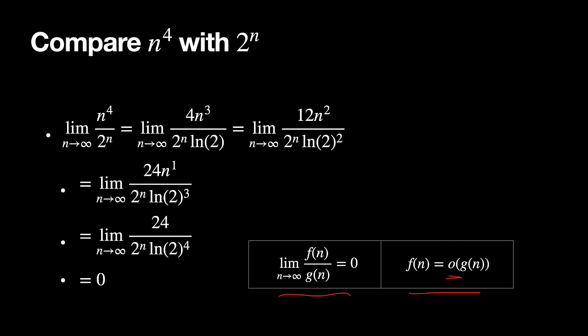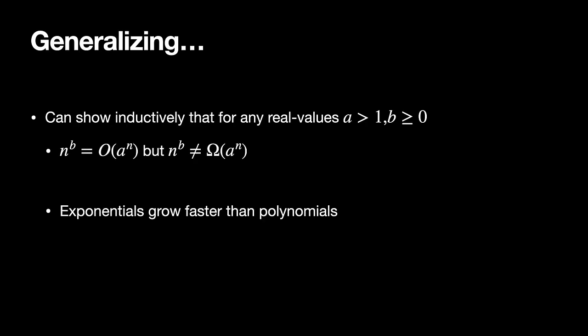So in this case, we can say that n to the 4th is in little o of 2 to the n. And again, that's related to the big O notation. So n to the 4th is in big O of 2 to the n. So it's bounded above by 2 to the n, but it's not bounded below by 2 to the n. So it's not in the big omega.